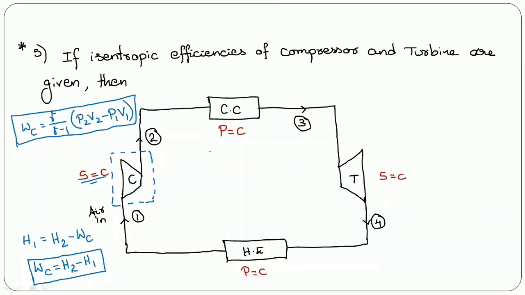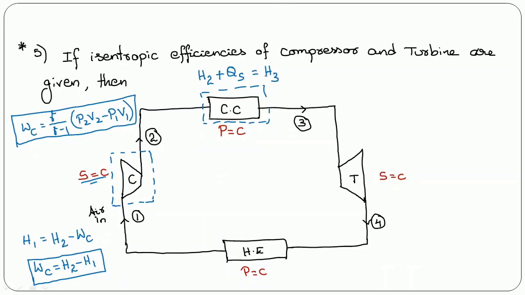So try to understand, dear students. Now let us consider this combustion chamber also as a control volume or open system. Here H2 is the enthalpy with which air enters the combustion chamber. This air gets heated at constant pressure. Let us consider QS as the amount of heat supplied. As a result, the temperature increases at constant pressure.